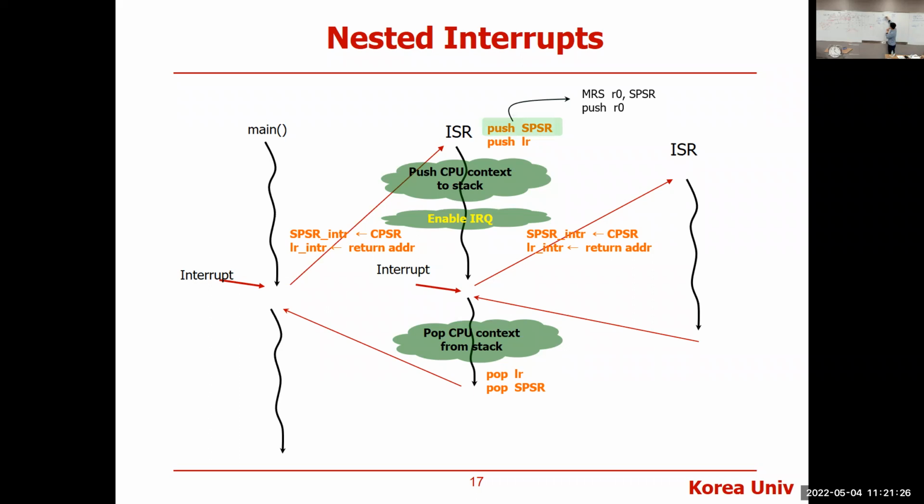Push SPSR is allowed in pseudocode, but in a real instruction you have to use MRS R0, SPSR. That copies the SPSR status register to a general purpose register R0, then the actual push, push R0.